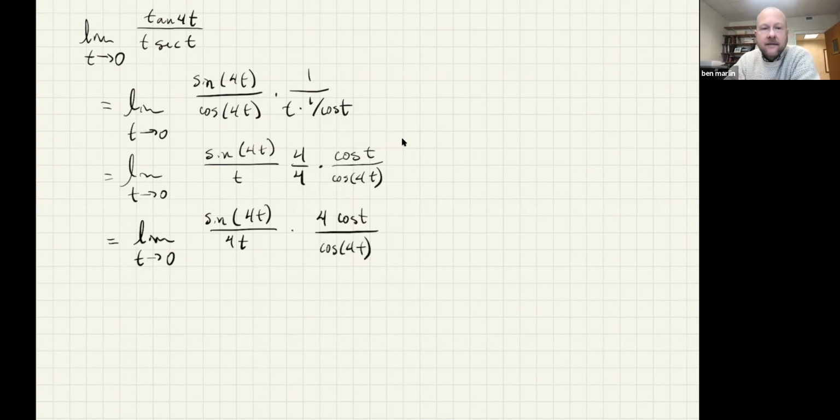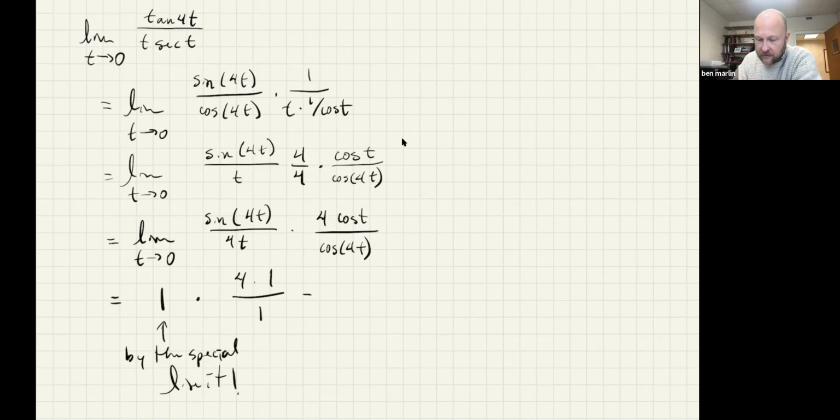Now, plugging in t equals 0, we will have 1 here by the special limit, times, and now plugging into the other part, the cosine of 0 is 1, divided by the cosine of 4 times 0, which is still cosine of 0, so we get another 1 here. So the limit we end up getting out of this is 4.